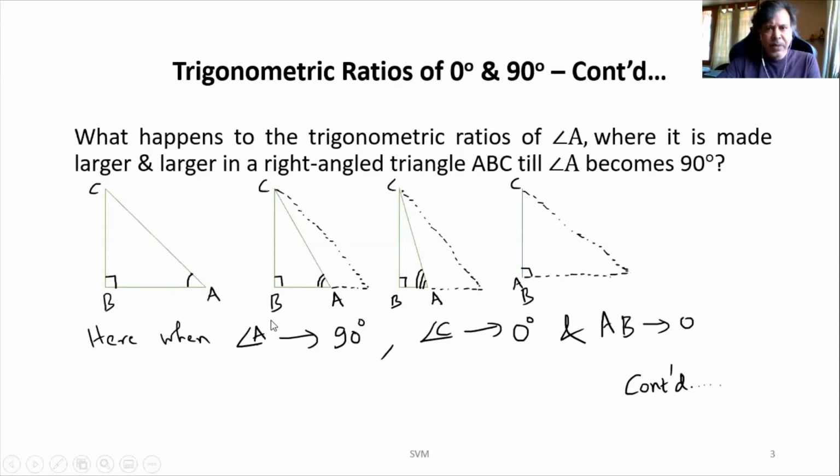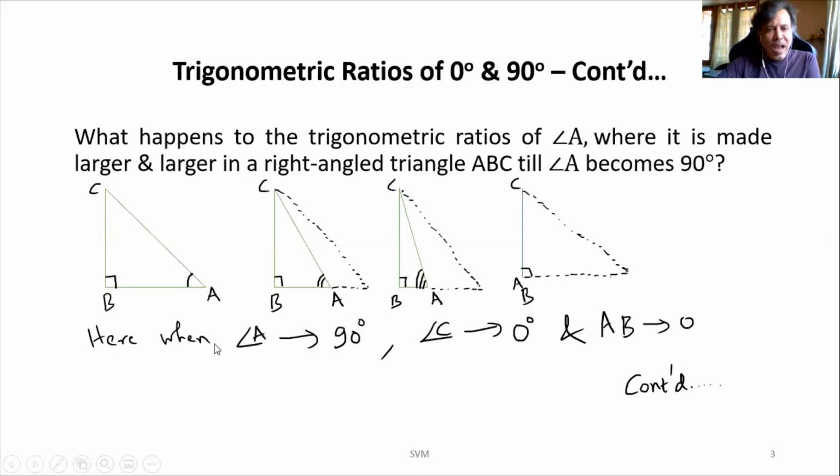Slowly angle A is becoming larger and larger. Ultimately, angle A becomes 90 degrees.